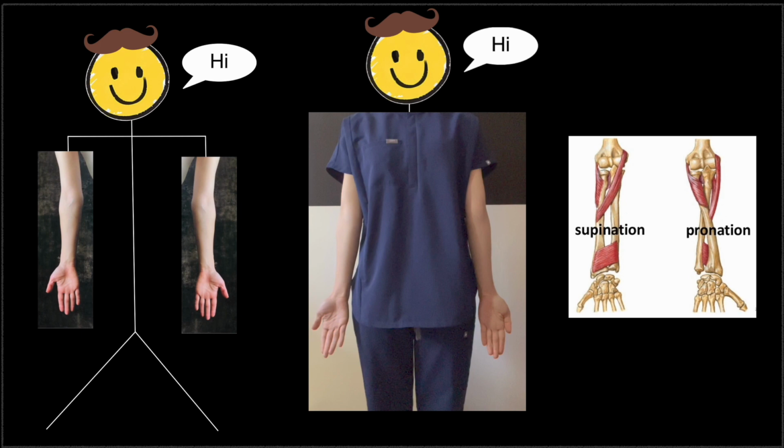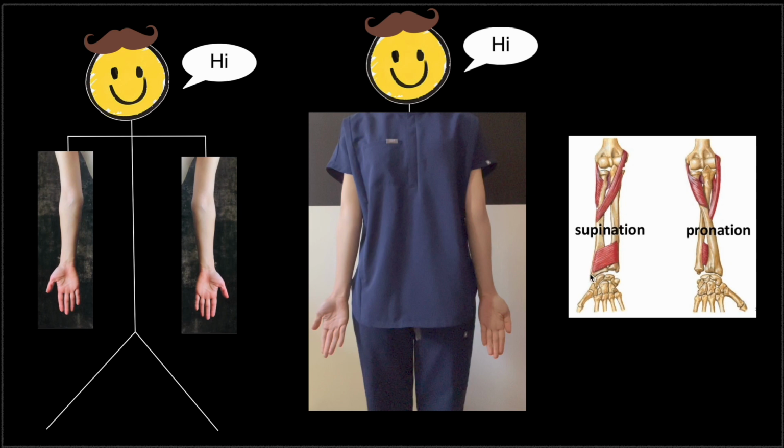This is the correct anatomical position because in this position our hand is supinated and the two forearm bones are parallel to each other. If we look at what happens during pronation, we can see that the bones cross each other, and that's why the correct anatomical position is when the bones are parallel.